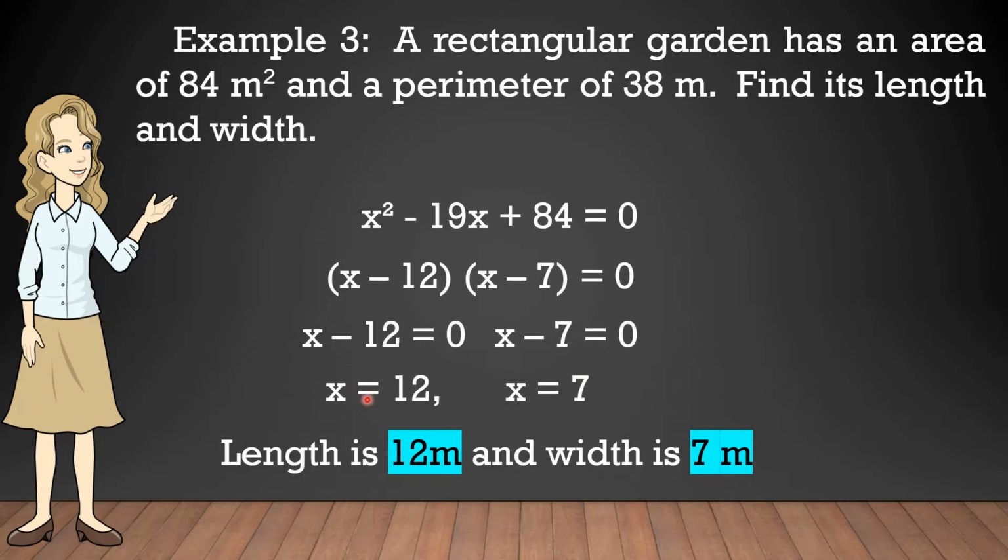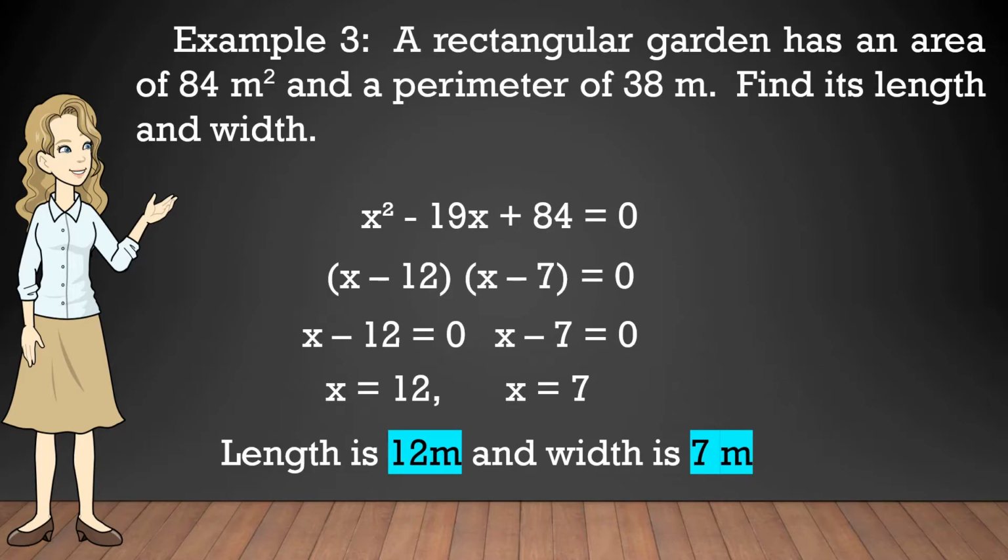So x is equal to 12, and x minus 7 equals 0 gives x is equal to 7. So our length is 12 meters and our width is 7 meters. That is our answer for number 3: 12 meters for the length and 7 meters for the width.